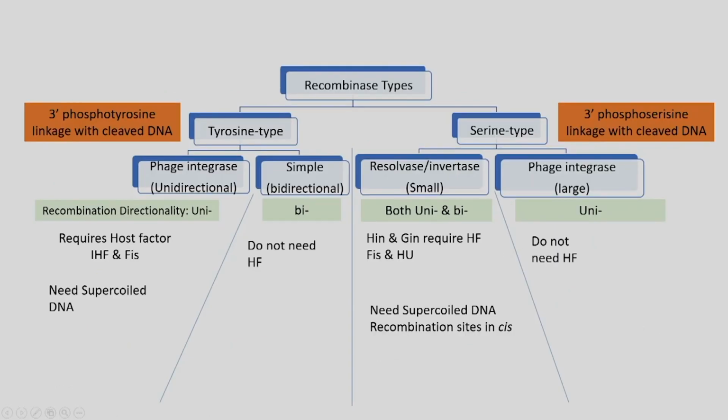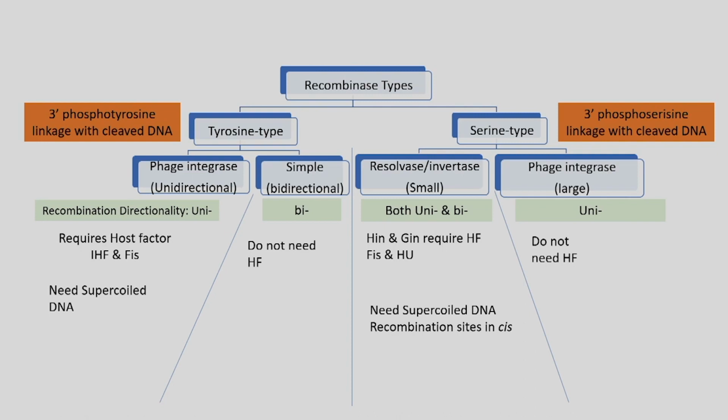So, briefly, we have up till now discussed the different types of classification of the site specific recombinases. Broadly they fall into two types: tyrosine type and serine type, and here the 3' phosphotyrosine linkage with cleaved DNA, and here you have the 3' phosphoserine linkage with cleaved DNA.